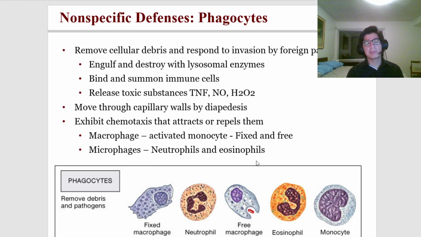I believe we gave examples of fixed macrophages: microglia, Kupffer cells, and Langerhans cells for the nervous system, liver, and skin, respectively. And you have free macrophages that are just freely circulating and digesting foreign substances.